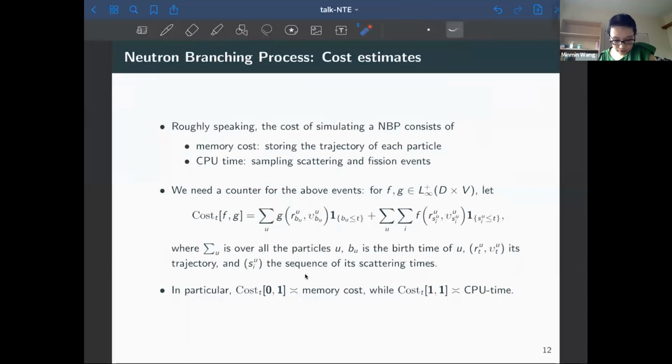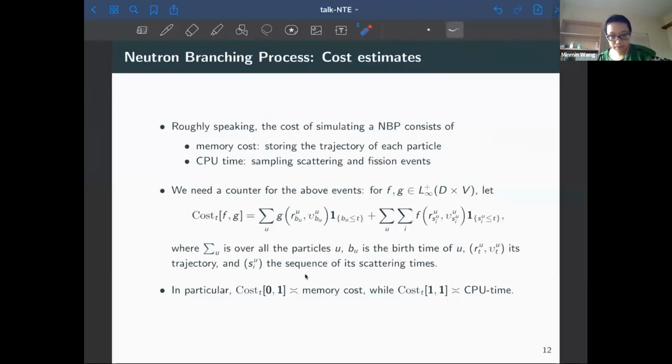Okay, so that's the first term in this cost function, and then you want to count the number of scattering events. That corresponds to the second term. Again, you sum over all the particles, and for a particle u, you let s_u,i be the sequence of its scattering times. Then you count over all these times which have happened before time t.